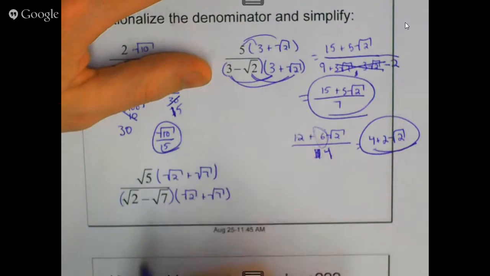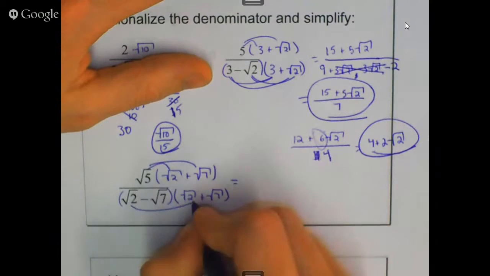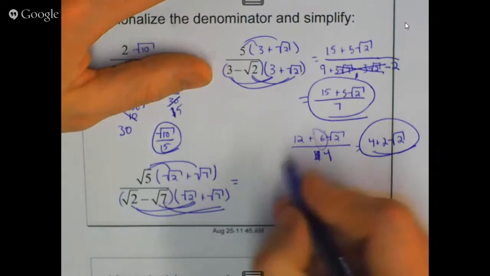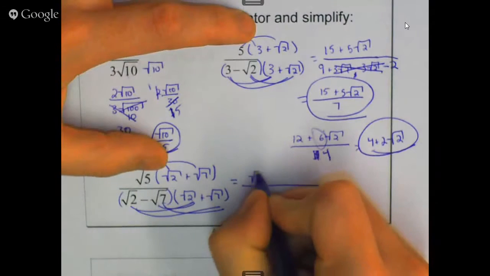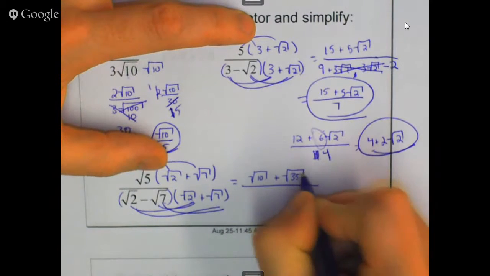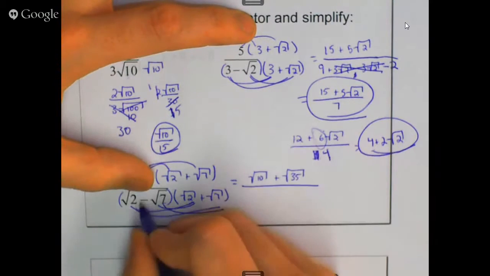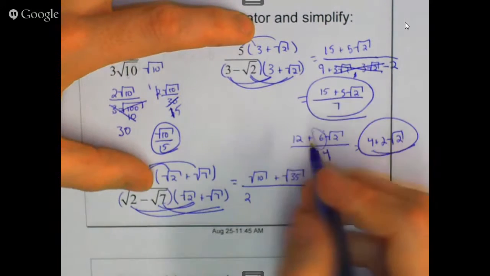And we'll do the same thing to the top. So we distribute this, and we FOIL this out. So on the top here, I have radical 10 plus radical 35. Okay, so I do the first, so that's 2, because my radicals cancel out.